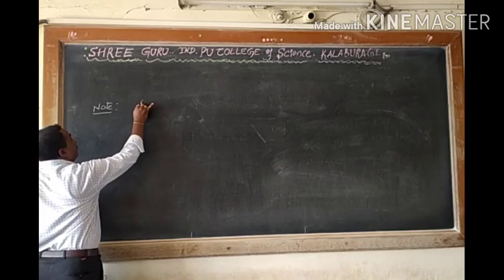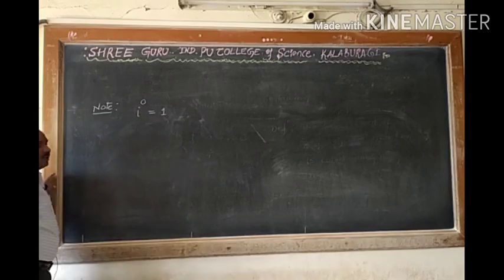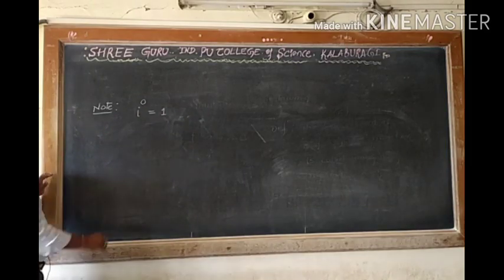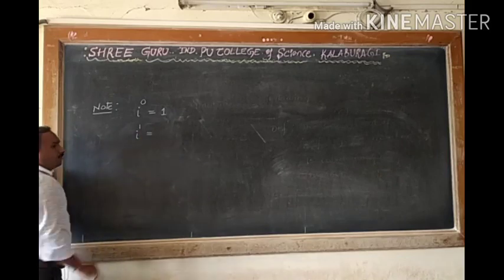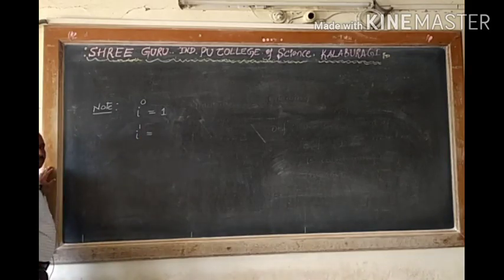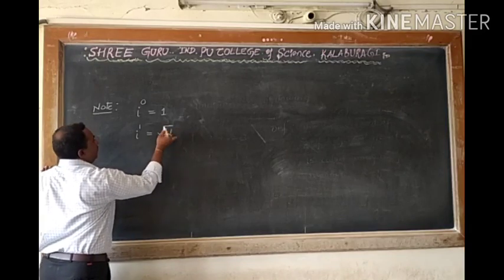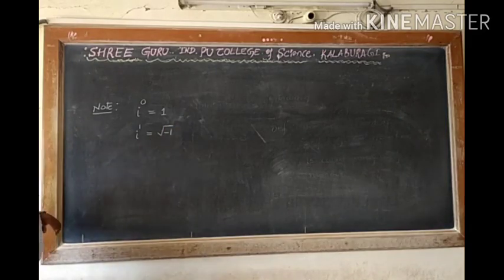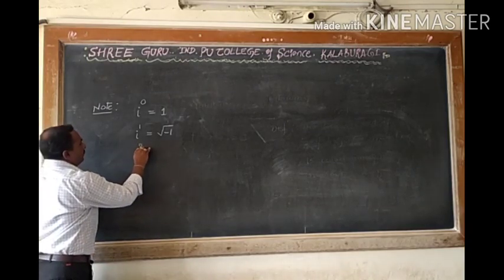I power 0 value is what? 1. Any number to the power 0 is 1. Here i power 1 value is what? That is root of -1. I power 1 is i. I value is root of -1. I power 2, i square.